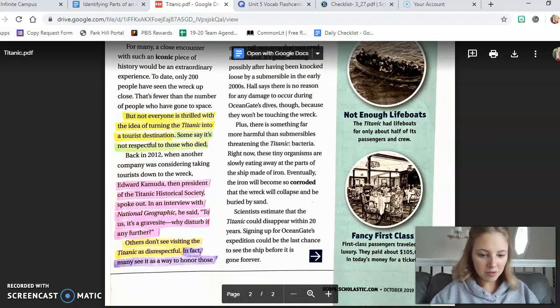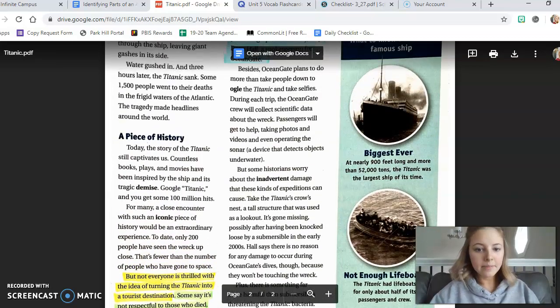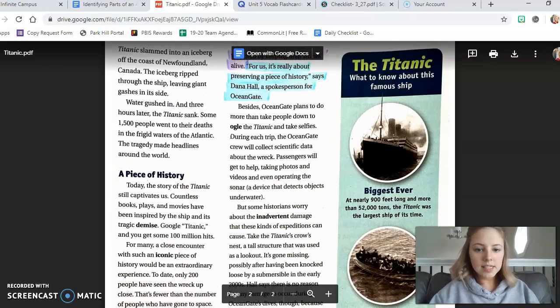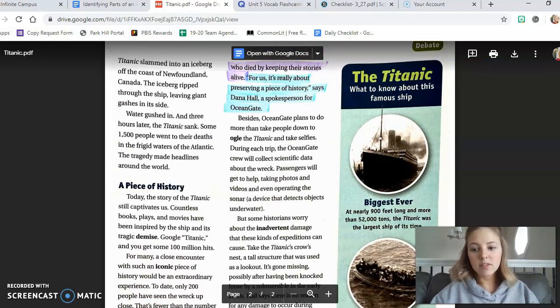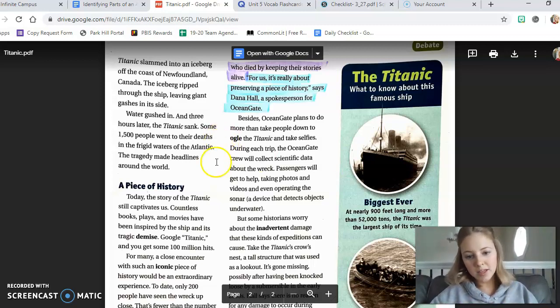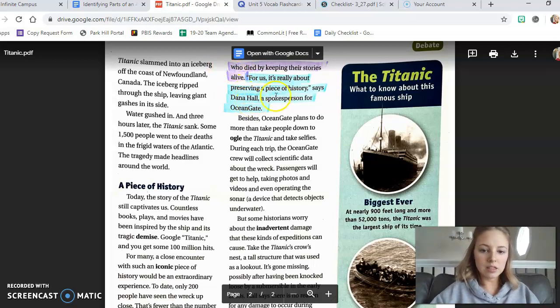And then we have a statement right before that about, in fact, it's a way to honor people who died. So it sounds to me like saying it's a way to honor people is a point they're trying to make to support the idea that it's okay to visit, and then they support it with a quote from a reliable source. So our point is a warrant that is in purple, and the evidence they use to support it is in blue.